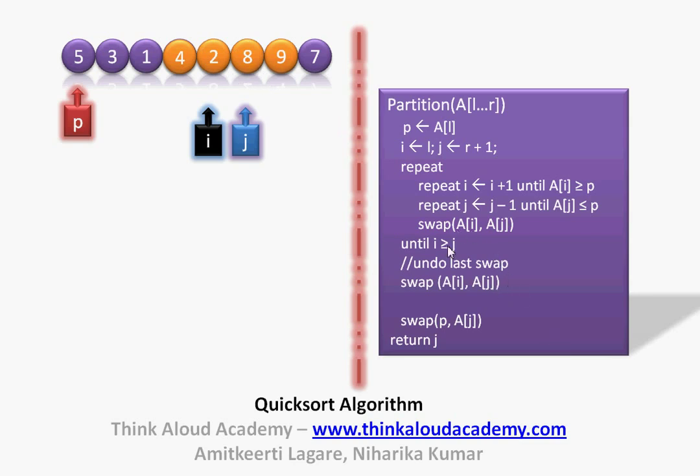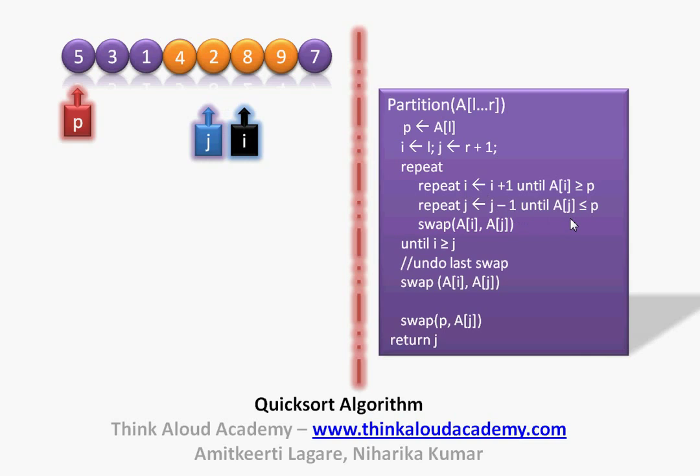So again, once we swap, we check, have we reached a condition where I is greater than j? Again, I is not greater than j. So we will go up in the repeat loop and again increment I. Once we increment I, we check, have we reached a scenario where a of I is greater than the pivot? So a of I is 8, and since it is greater than pivot, we will stop incrementing I and then go and decrement j first.